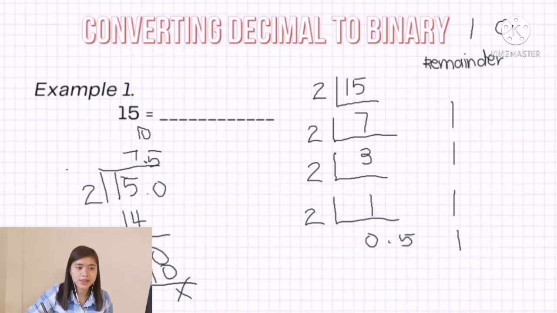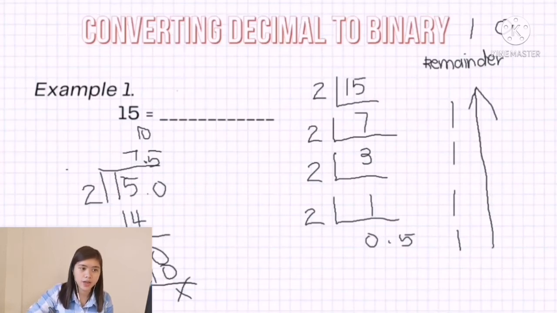So now, looking at this side, this is the binary equivalent of our decimal number 15. Based on our steps earlier, we need to write this from bottom to top. So now, can you tell me what is the binary equivalent of decimal 15? Okay, 1, 1, 1, and 1.